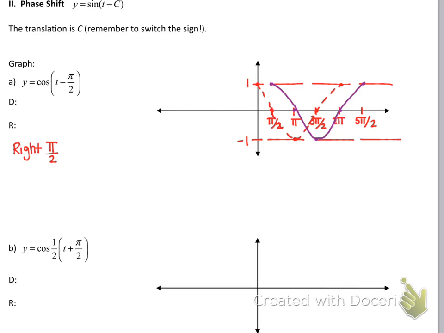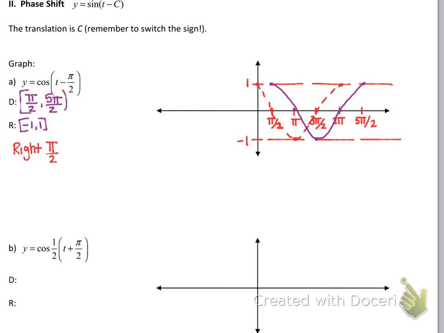Sometimes it helps, but you at least need to be able to graph the shift left or right. So for this one, my domain is pi over 2 to 5 pi over 2, and again, bracket and parenthesis, and then our range is -1 to 1, because that didn't change at all from the parent function.